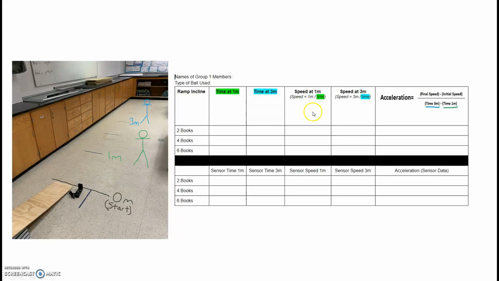The next column over is where we're calculating the speed of the ball by hand. Remember, our speed formula is speed equals distance divided by time. I've already inputted the distance for you: 1 meter is where the 1 meter person is standing, and 3 meters is where the 3 meter person is standing. So you simply take the time value and divide it into the distance to get the speed in meters per second.